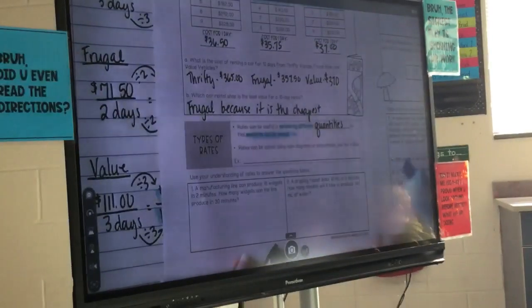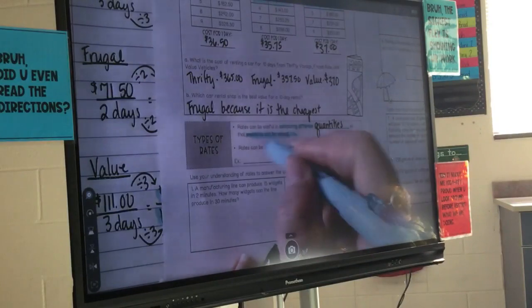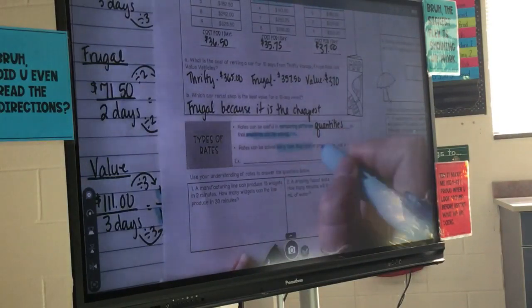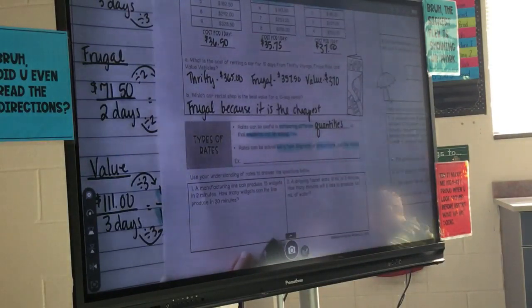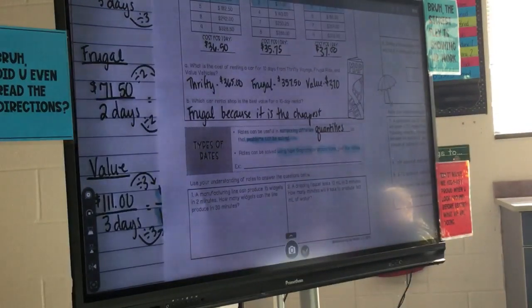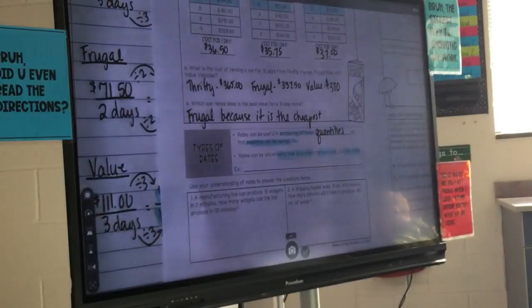Rates can be solved using a tape diagram or proportions, just like ratios. And what we're doing is the proportion, the way that we're setting it up on all of these. There is one problem today where you're going to see a tape diagram. Does not mean you have to use it, but I do want to show you.